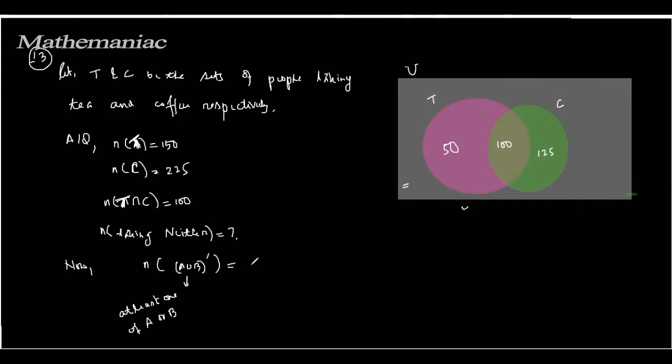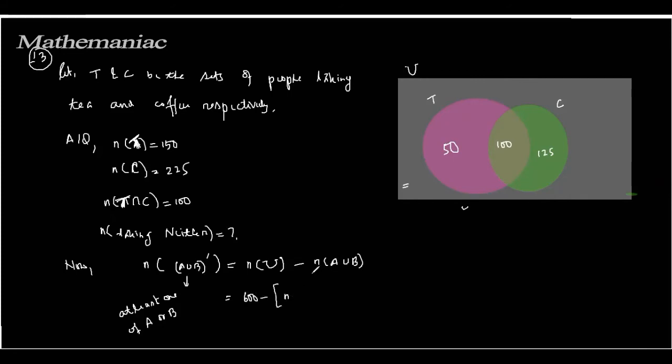Now just see whether you can understand or not. If it is the complement, I can write it as n of U minus n of A union B, right? Because total is the universal set, the totality. So the complement will be the total number of elements in the universal set minus this set, right? So how much is here? It is 600.